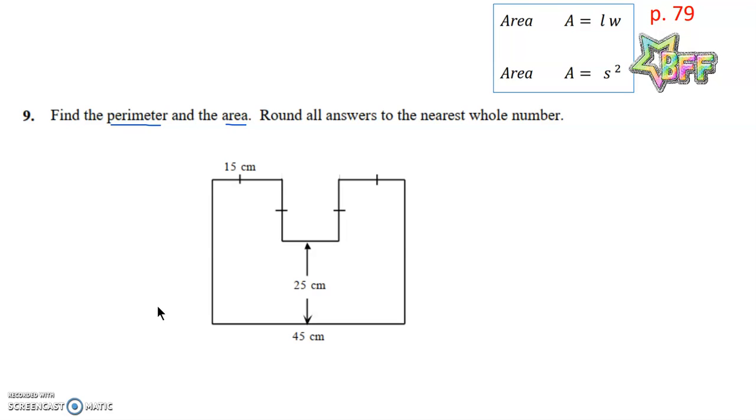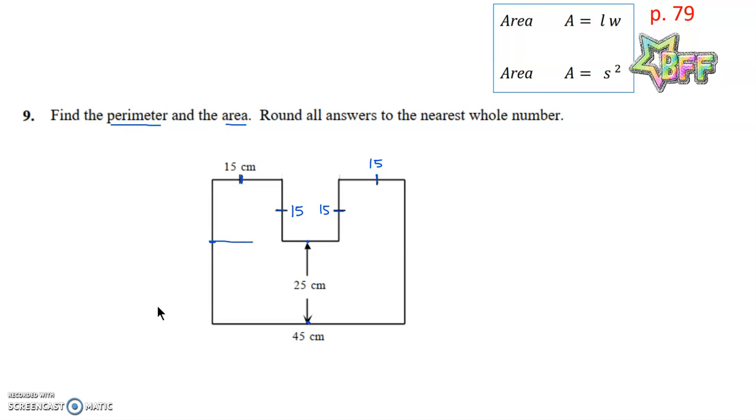So if we're looking for the perimeter, we know it's the outside measure, so we can see that 15 is matching here and here. So all of these single ticks represent 15 centimeters. And we know from here to here is 25 centimeters, but what we don't know is the distance up.